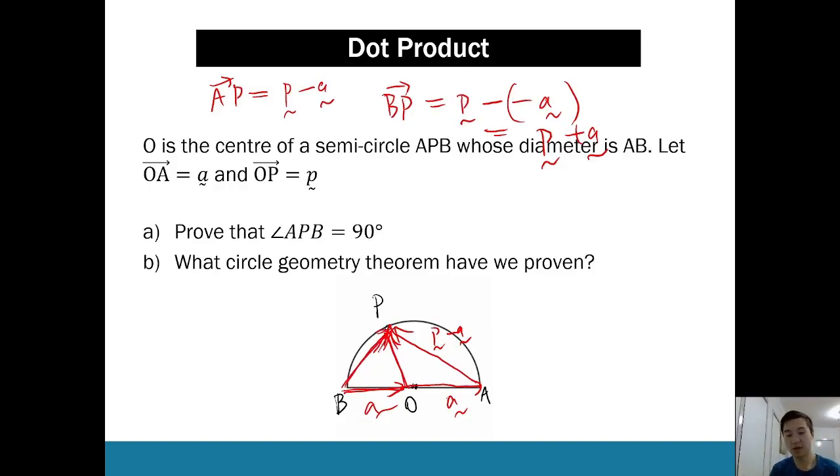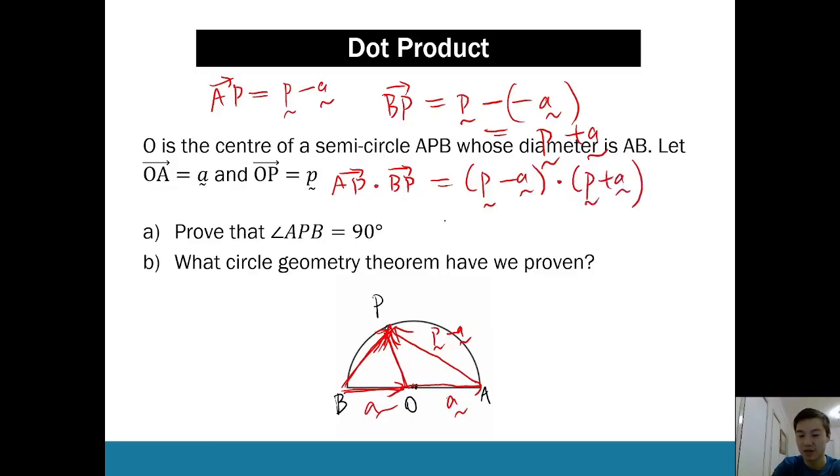So we know that BP is p plus a, and we have expressions for AP and BP in terms of p and a. Now I'm going to take the dot product of them. The dot product of AP with BP is the dot product of p minus a with p plus a. Now I can expand it using the distributive law of the dot product.